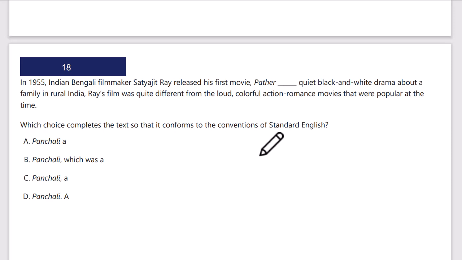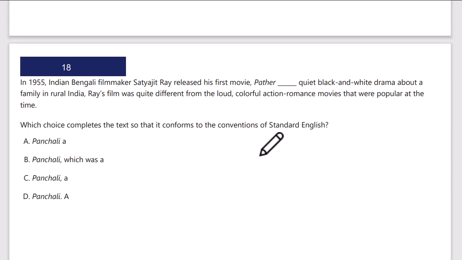In 1955, Indian Bengali filmmaker Satyajit Ray released his first movie, Pather Panchali, a quiet black and white drama. So Pather Panchali, which was a quiet black and white drama, comma, or period. All right, so let's see.